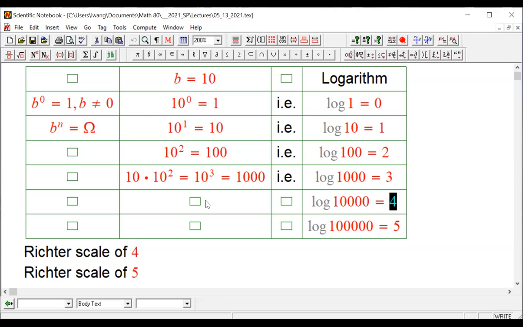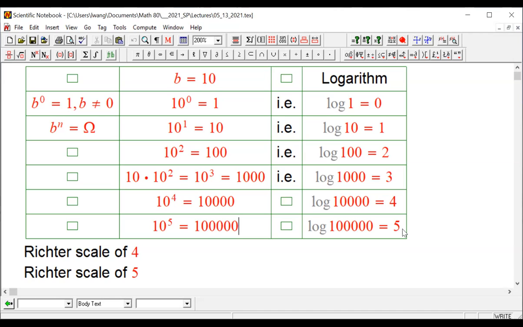So a Richter scale of 4 and a Richter scale of 5, what's the difference in power? This is 10 to the power 4 equals 10,000. And this is 10 to the power 5, which is 100,000. So the Richter scale of 4, compared with the Richter scale of 5, is 10 times in power. Do you follow me?